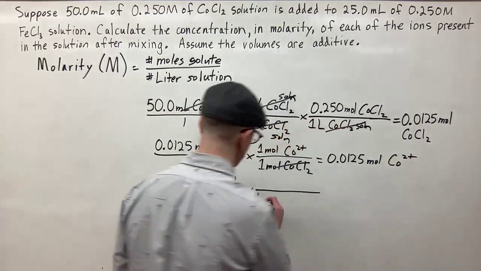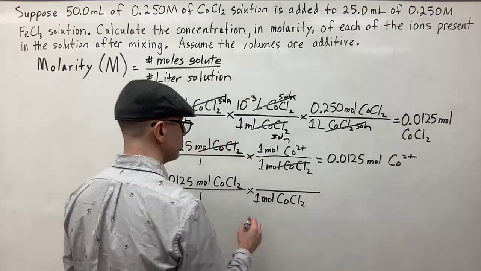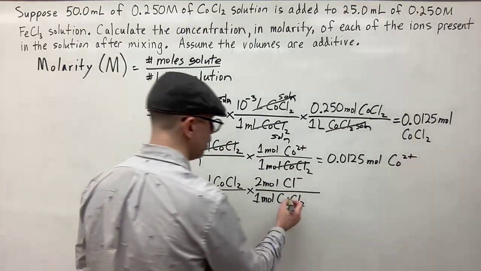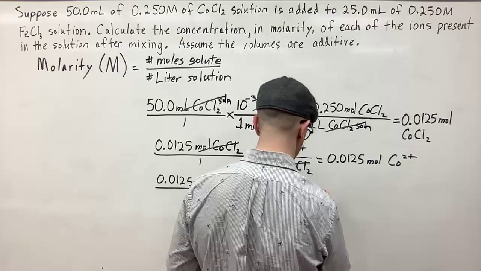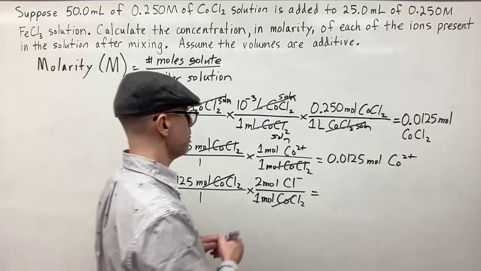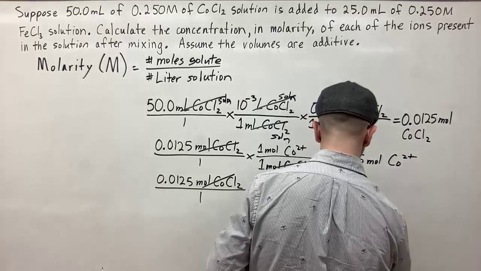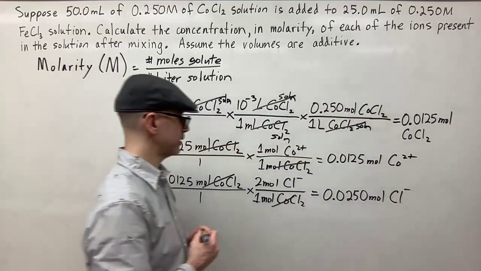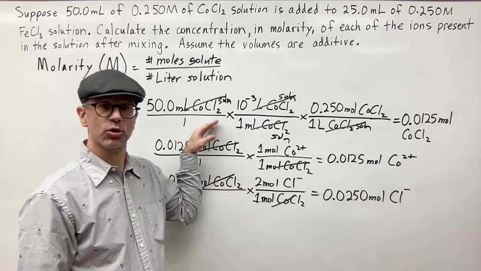So again, 1 mole of the cobalt 2 chloride on the bottom, and this time 2 moles of the Cl minus on top. Moles of the cobalt 2 chloride cancel out. Now I have moles of chloride on top. And when I do the calculation, it's going to be double of this. So it's going to be 0.0250 moles of Cl minus ions. Okay, so we've done the first solution, cobalt 2 chloride.